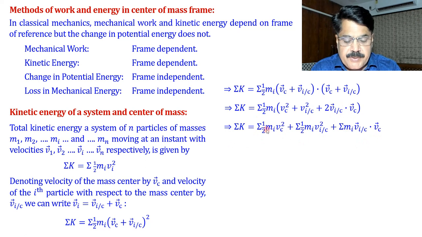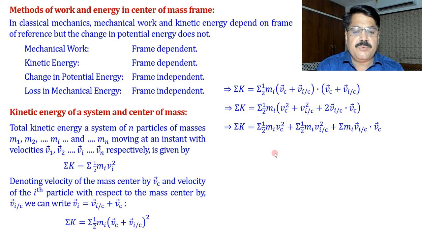In the first term, vc is the same for all the particles. So vc we can take outside of the summation, and half we can take outside. So half summation mi and vc square. Summation mi is the total mass of the system. So this we can represent as half into total mass of the system into vc square. And we denote the total mass of the system by a capital letter M, and we always do it.